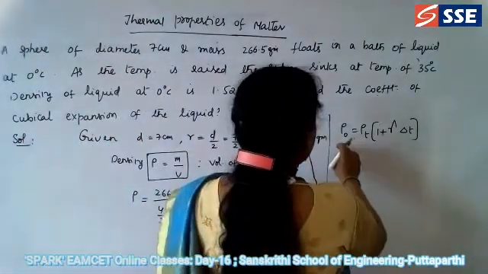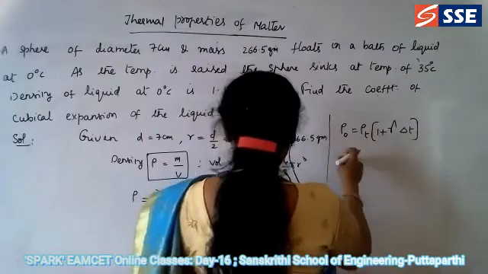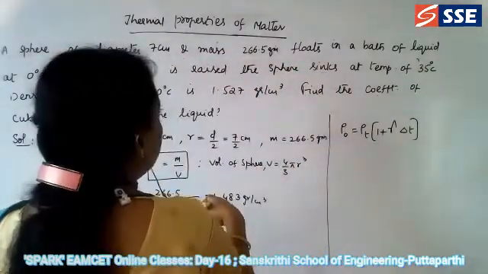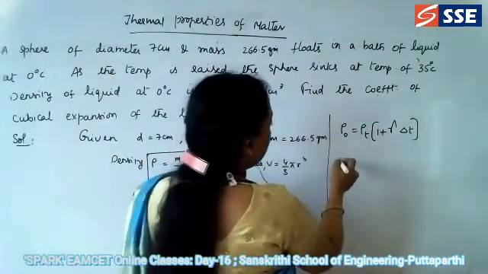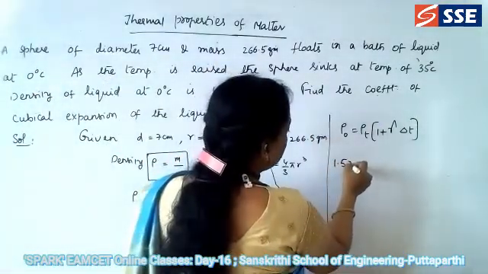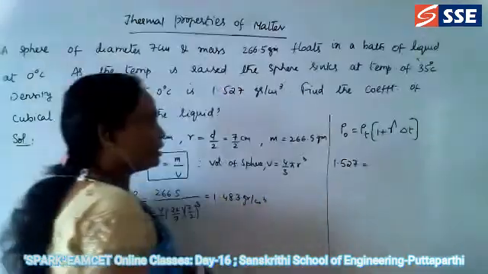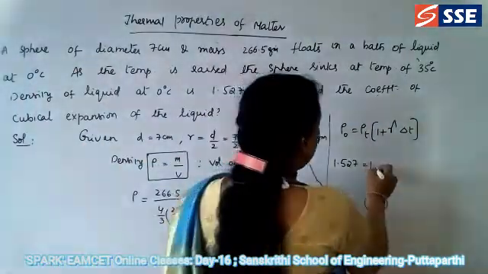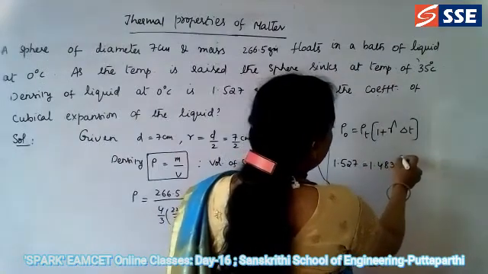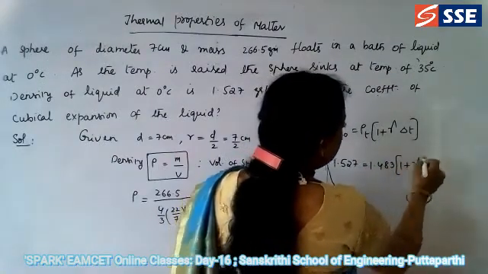So what is the value for rho naught? Here what is in the problem? Density of liquid is given as 1.527, substitute. And just now we have calculated the density at temperature, so it was 1.483, and 1 plus gamma, we don't know gamma.